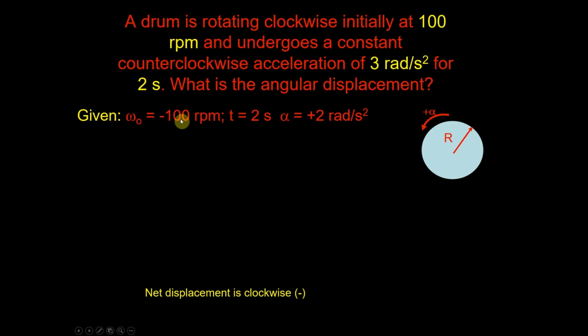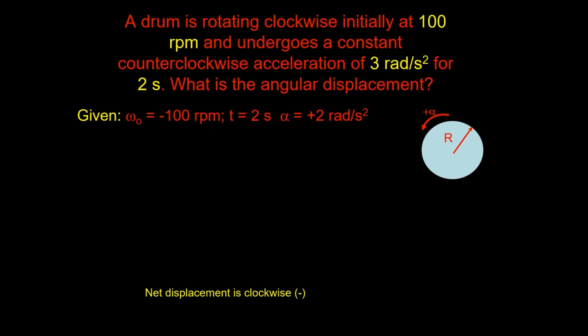We have an omega. We're going to say it's negative 100 RPM. So the general consensus is that it's negative if it's going clockwise, and it's positive if it's going counterclockwise. This is an arbitrary decision that people make. That's sort of the convention. I'm not as concerned as long as you define whether you're talking about clockwise or counterclockwise as your positive or your negative.